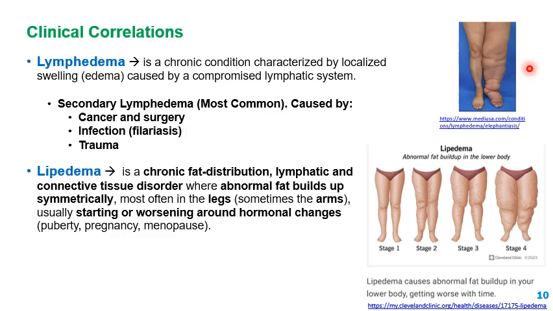The way you can identify this, for example, if you look at the picture here, is if you have the lymph nodes of one leg clogged up, then the leg starts to accumulate this fluid. So this is just edema, very large edema. And you can recognize lymphedema basically by the asymmetry of the limbs. You see one limb that is totally out of proportion in comparison to the other. So that's the lymphedema.